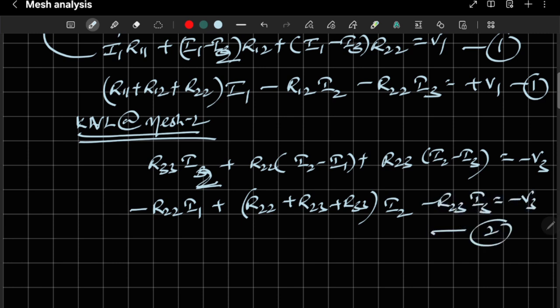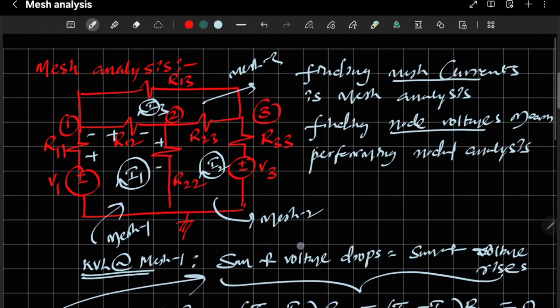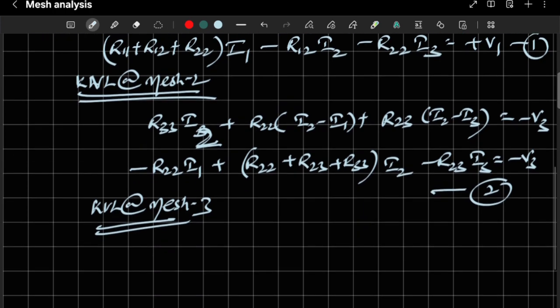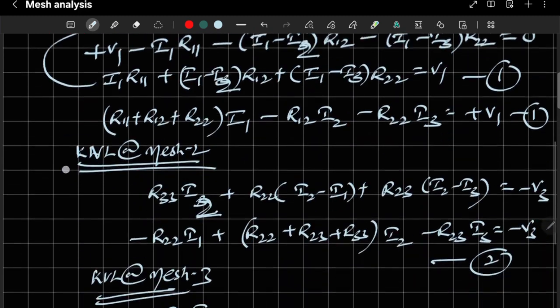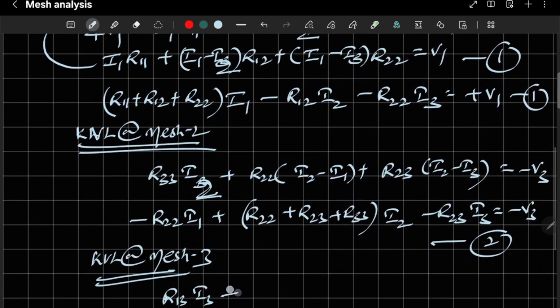This is equation 2. Similarly, you can write KVL in mesh 3. In mesh 3, R13 is related to only mesh 3, so R13 into I3. Then R23 is related to 2 and 3, so plus R23 into its branch current, which will become I3 minus I2.